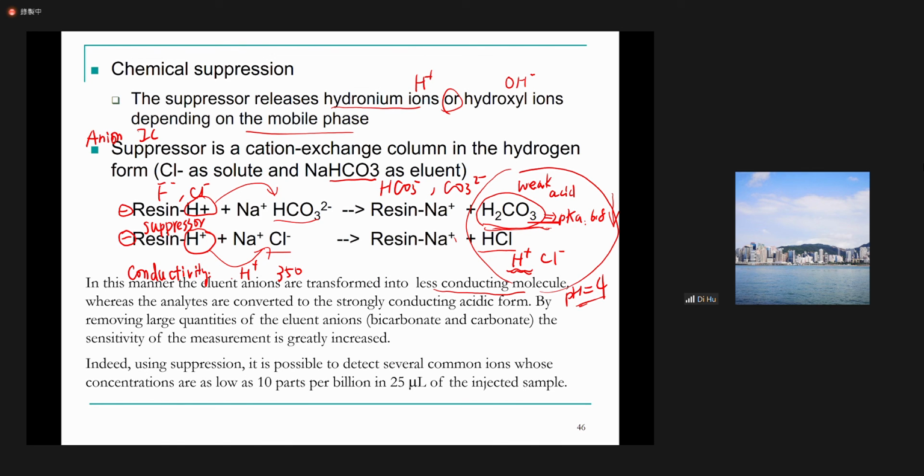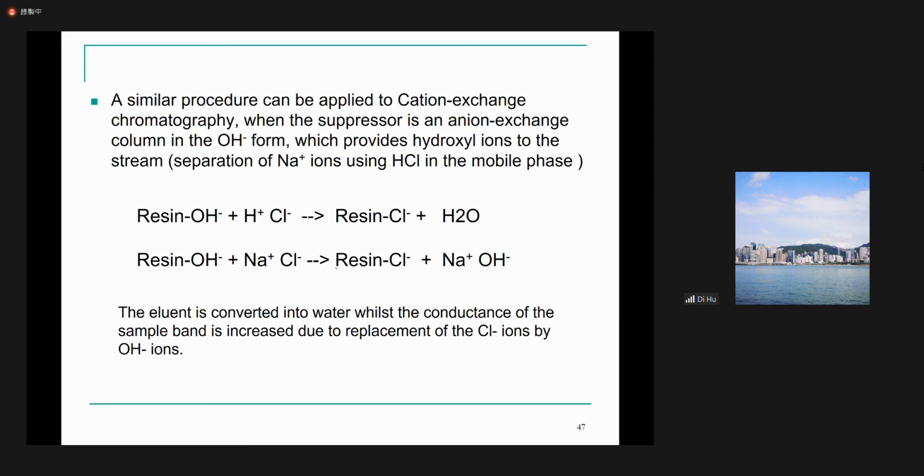The unit is siemens square centimeter per equivalent, and this is the unit for conductivity. So hydronium ion has 350, of course hydrated by water in the water, and 350 for potassium.